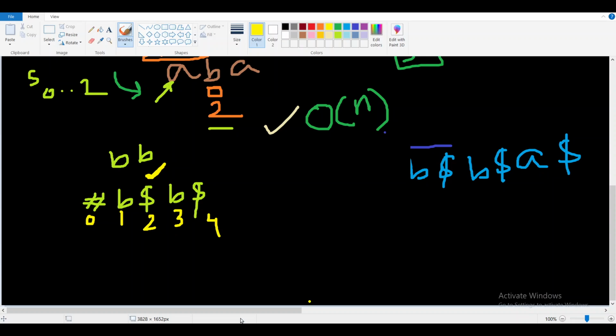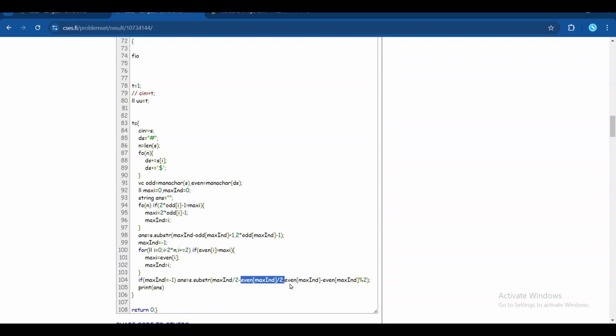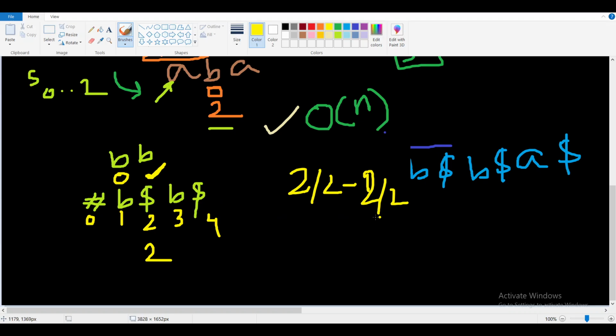That will be our starting index, right? So if we take 2 by 2, 2 by 2 will be 1, minus the even length, which is 2. Okay, so 2 by 2 minus 2 by 2, we will get our desired answer at index 0. So we start from 0, and after that we'll take even of max index. So even of this will be 2. Okay, so we'll take 2.